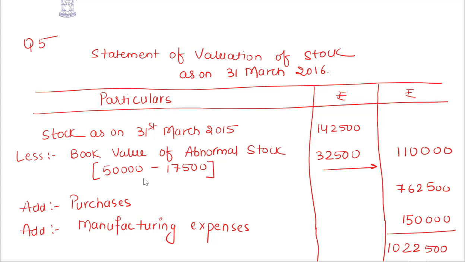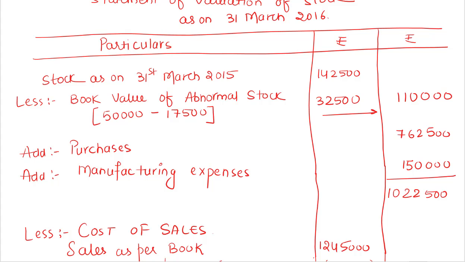Now, we have an abnormal sale: the value was 50,000, but 17,500 is written off. That means the book value is 32,500. We deducted the value of abnormal stock. Then we added the value of purchases during the year. The manufacturing expenses should be added in the valuation of stock, so we added the manufacturing expenses also.